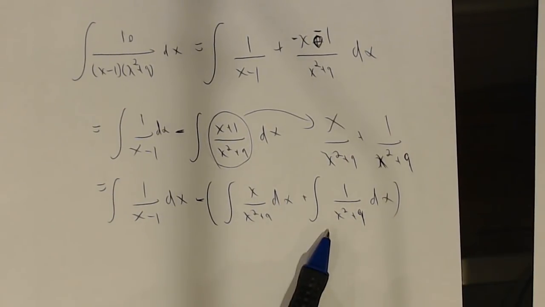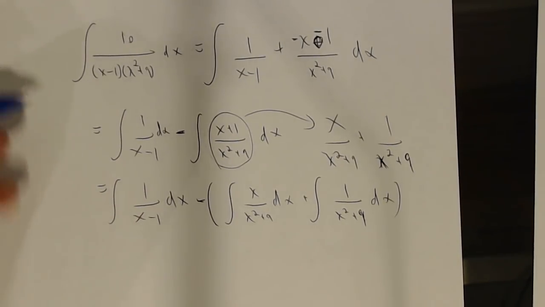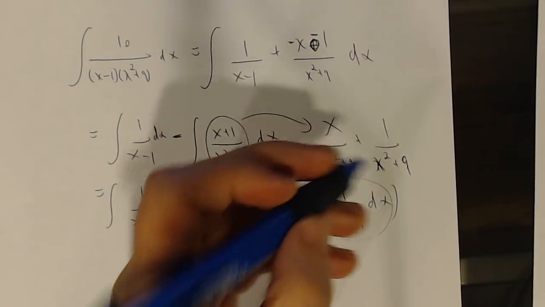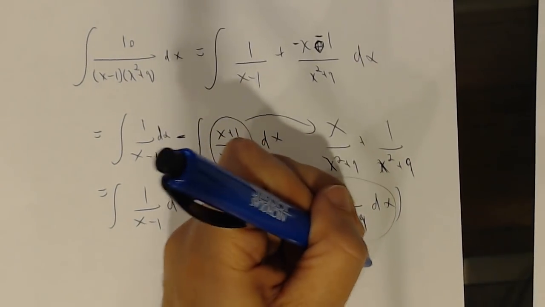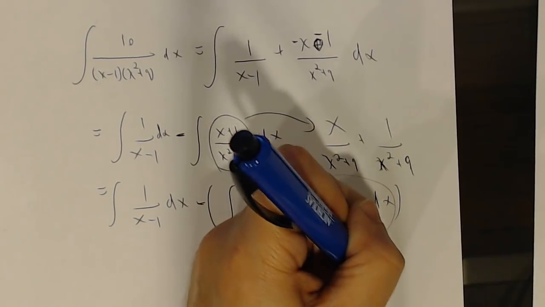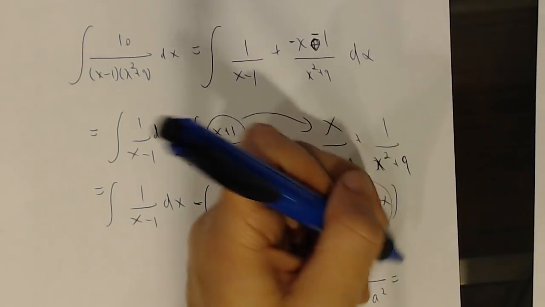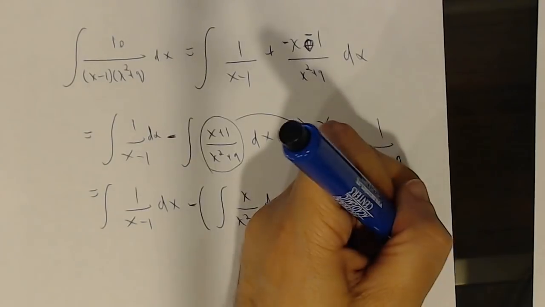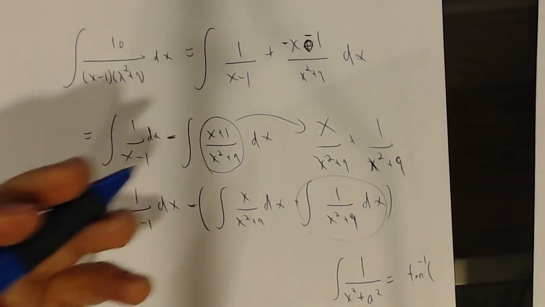We know that the integral of, so this we should be able to find, because what do we know? We know that the integral of 1 over x squared plus a squared is what? That's tangent inverse of, well, let's be careful.